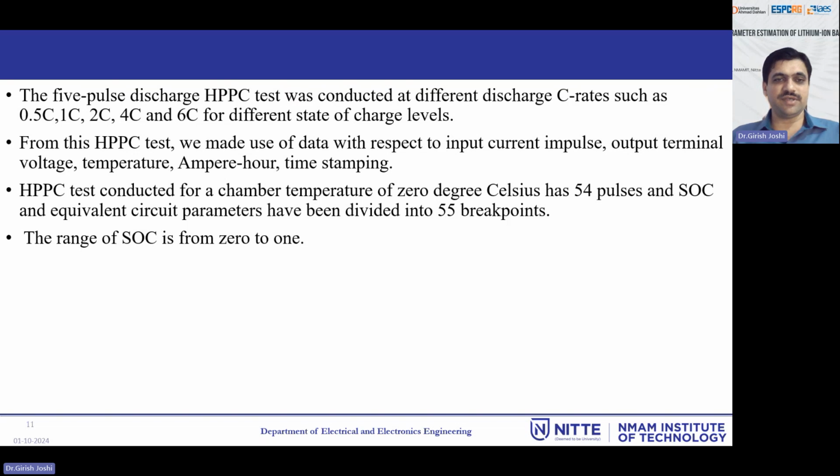From this HPPC test, we made use of data with respect to input current impulse, output terminal voltage, temperature, ampere hour, and time stamping. The HPPC test conducted at a chamber temperature of 0 degrees Celsius has 54 pulses, and SOC and equivalent circuit parameters have been divided into 55 breakpoints.